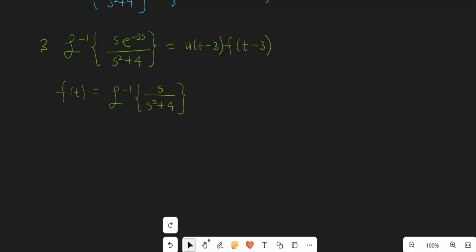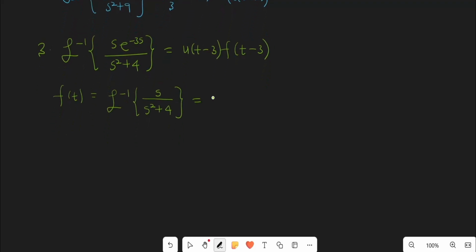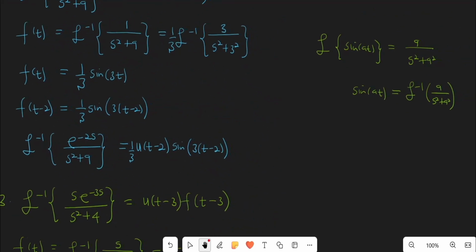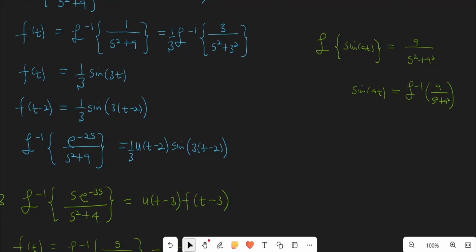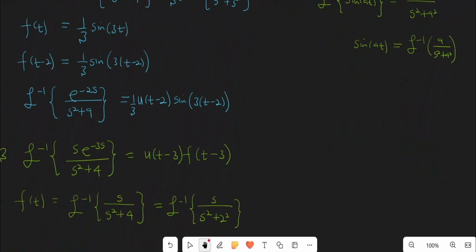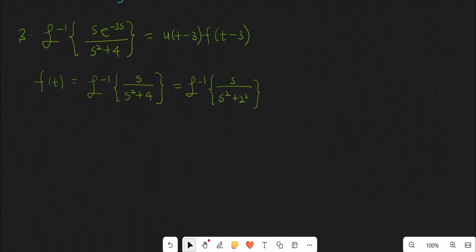So now how do you take the Laplace inverse of this? We can go back here again, but this one can be written as the Laplace inverse of s divided by s squared plus 4, which can be written as 2 squared, like this. This one is like the cosine, right?